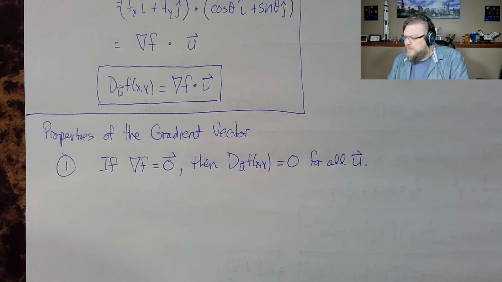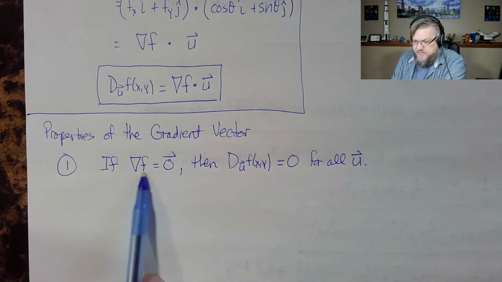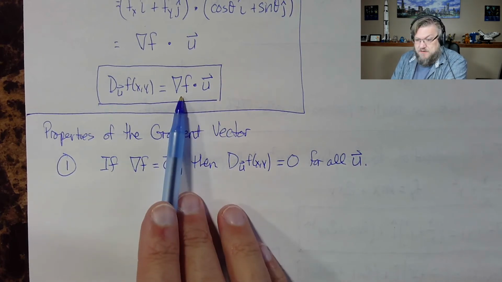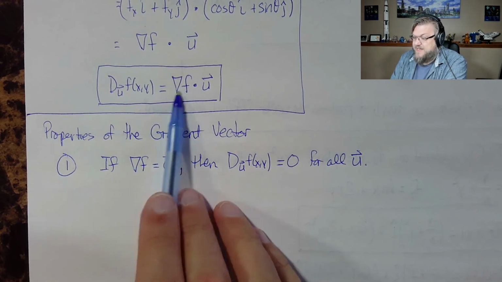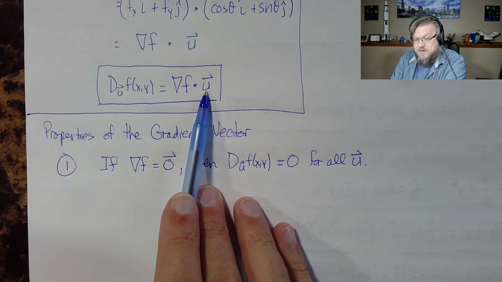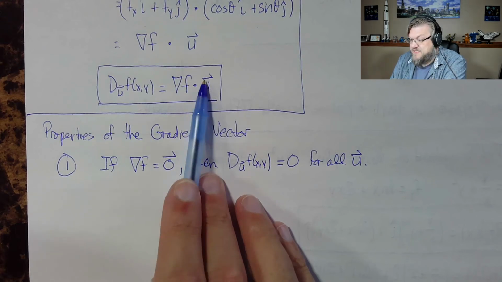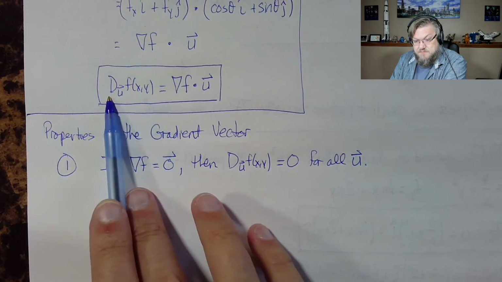Why is this true? Well, if I'm allowed to start knowing that the gradient is 0, but wait a minute, if the gradient is the 0 vector, I am now dotting 0 with any vector u. And 0 dotted with u is the scalar 0, which means this calculation is 0, which means that the directional derivative is 0.